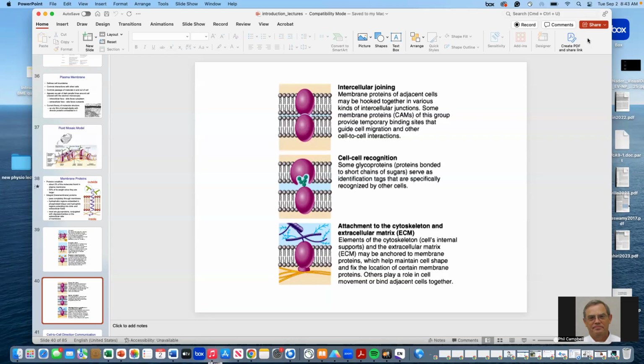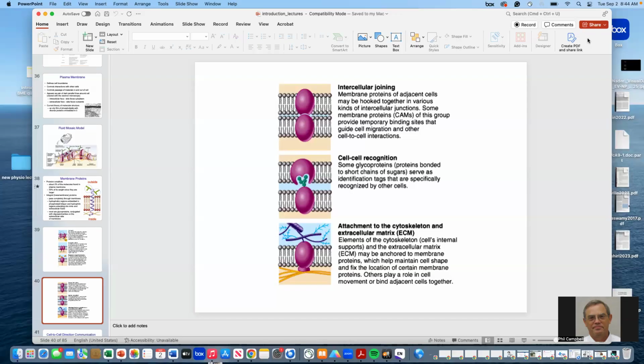All right. So cell membranes have proteins associated with the phospholipid bilayer. They have 6 general functions. One is transport. Second is enzyme activity. Third is receptors. Fourth is intercellular joining. Then we have cell-to-cell recognition.